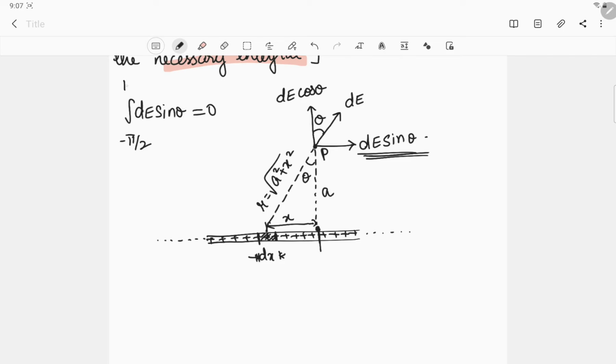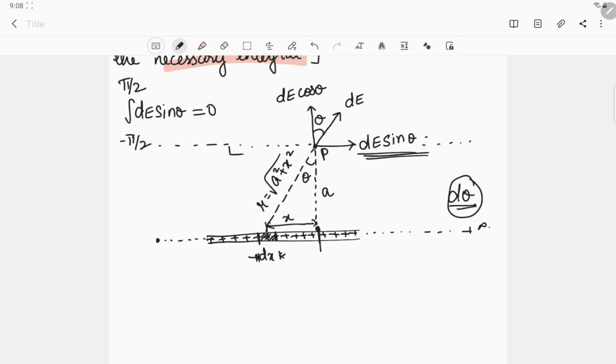So you are going to integrate from minus pi by 2 to plus pi by 2. We are going to integrate over d theta actually, so we have not substituted that yet; we will do it for cos. And theta varies from where? From the point where the angle touches the element at minus infinity, to the element at plus infinity.